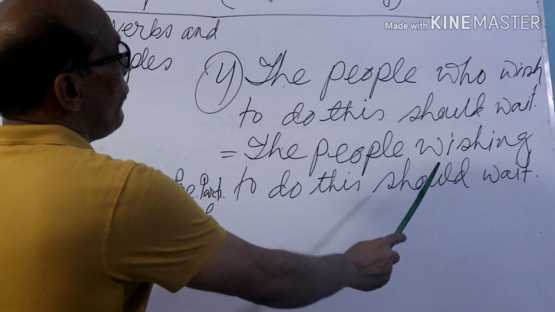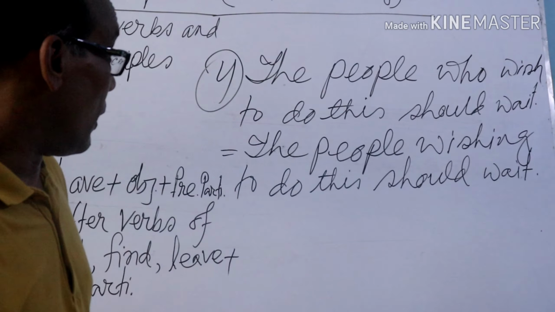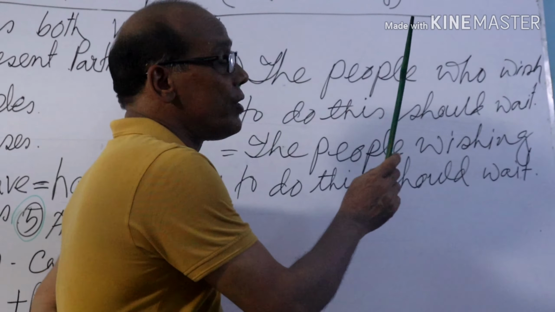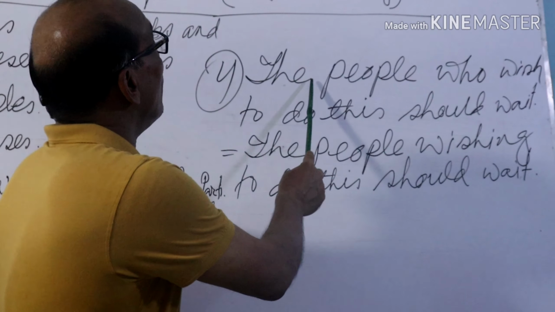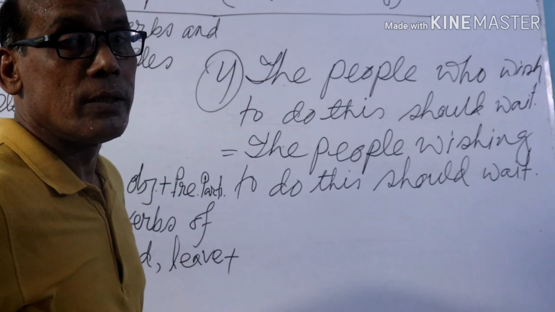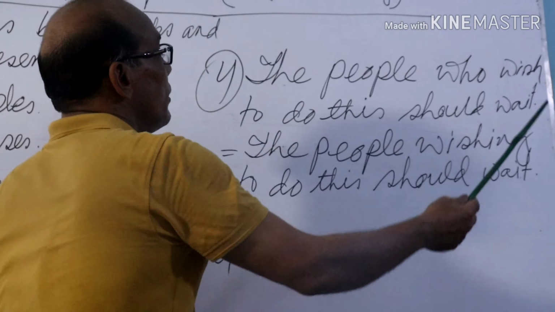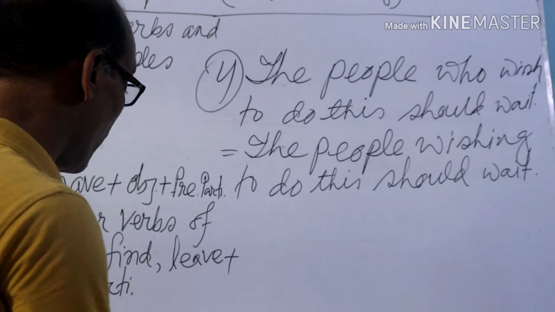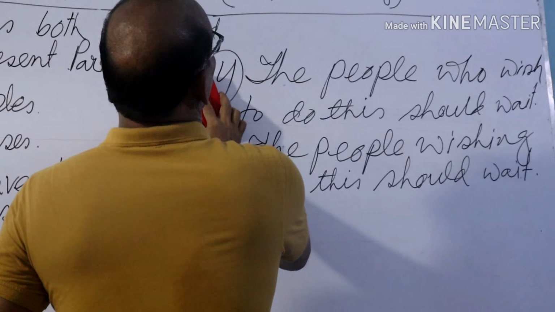And you see, the people wishing to do this should wait, and this has become a simple sentence. So this is also a technique to turn a complex sentence into a simple sentence. Here you see, this is a very interesting way for turning complex into simple.